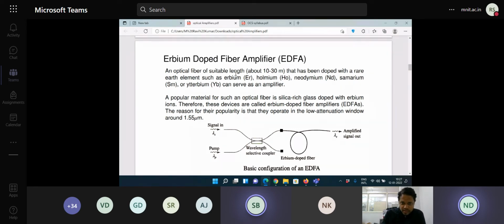Usually it is erbium which is doped, but apart from erbium, holmium, neodymium, samarium, or ytterbium can also be used as dopants in optical amplifiers. The name itself says erbium doped, right? This was the first fiber amplifier which was found and which has been in use since a very long time.